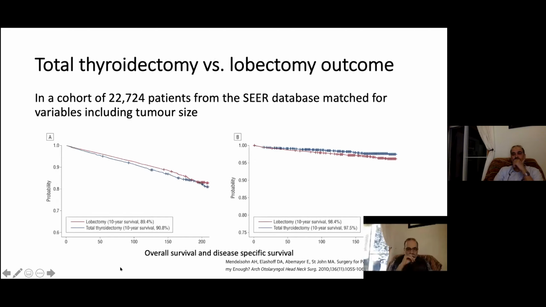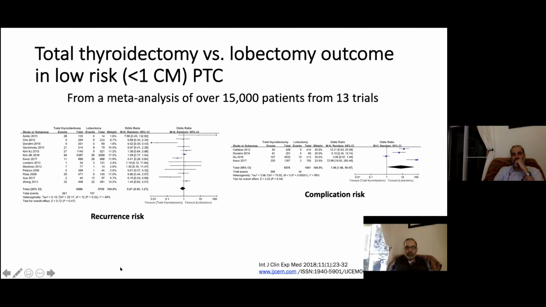In this study, these patients did equally well, with no significant difference. In another study published in 2018, for low-risk 1 centimeter patients, if you treat them with total thyroidectomy versus lobectomy, looking at various studies, the rate of recurrence is very similar, and you get fewer complications.